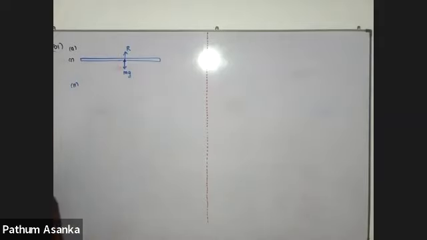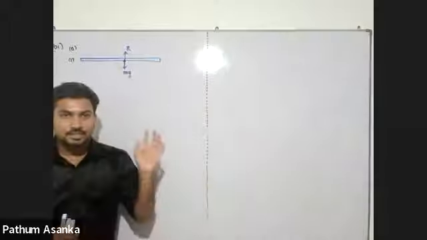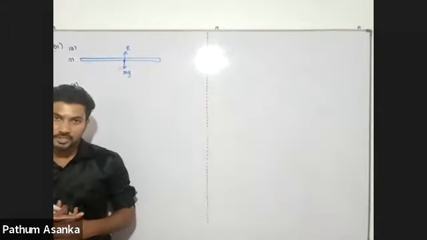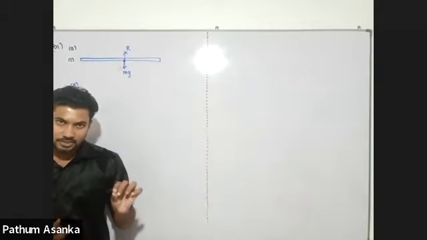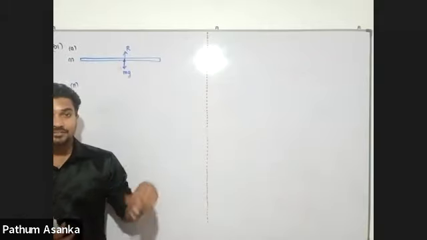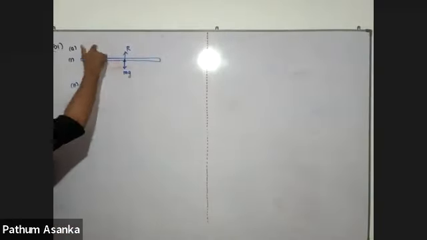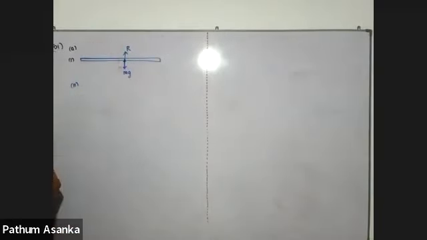Then what can you say about the nature of the meter rule? I previously mentioned that if this meter rule has a uniform cross section, it should be in equilibrium at the 50 centimeter point. But in this question, this meter rule is stable at the 52 centimeter point.